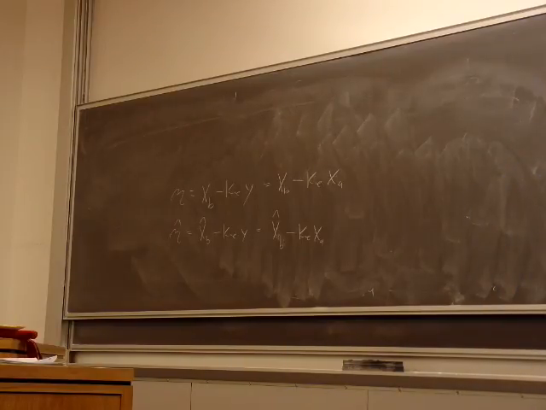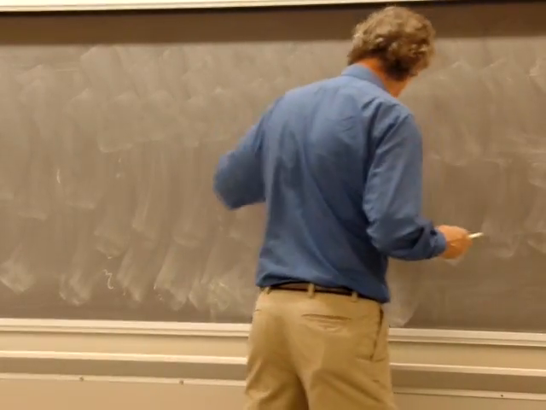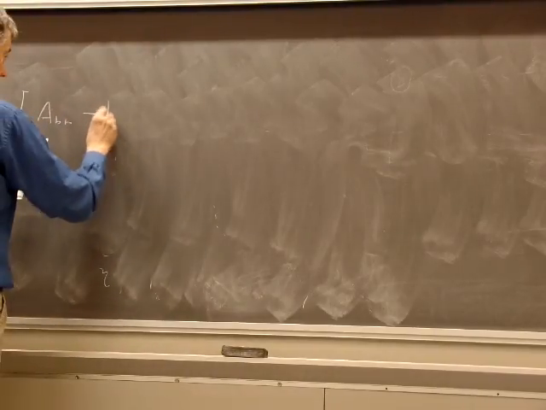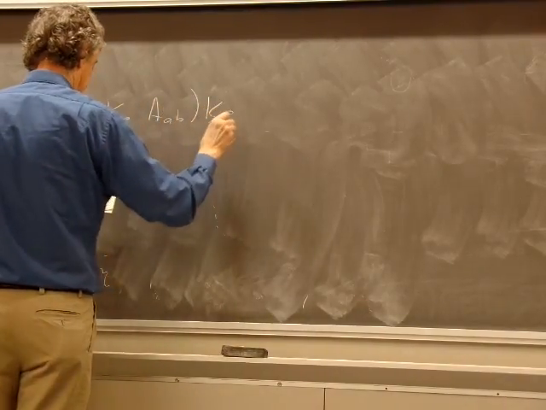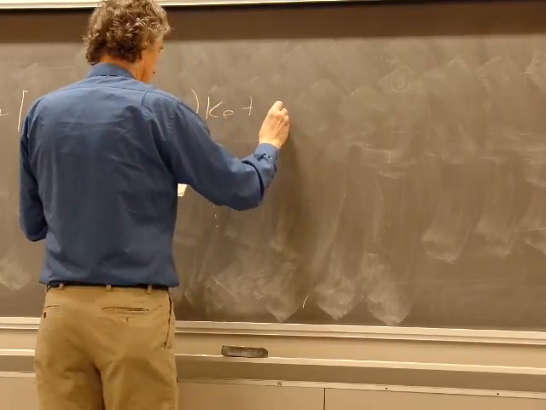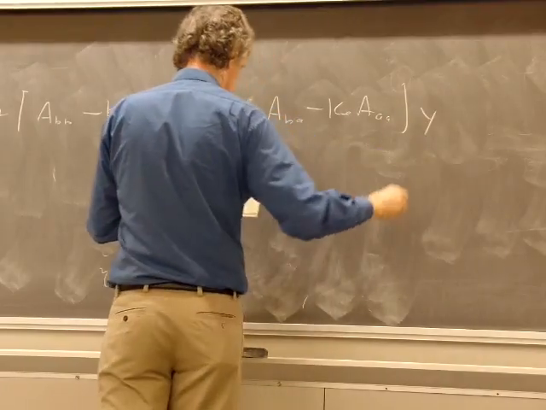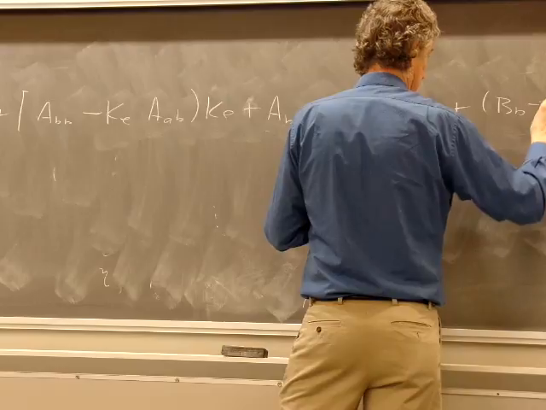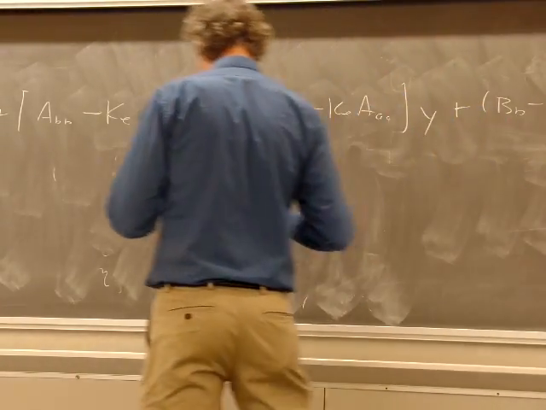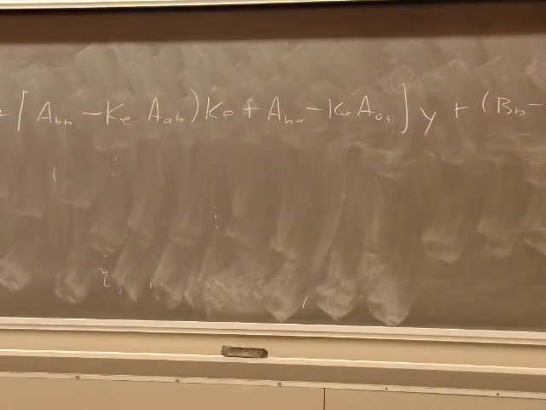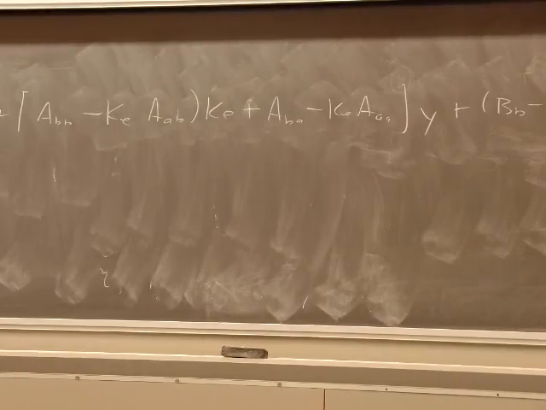In terms of the... So we can simplify some things here by defining a hat to be A_bb minus Ke A_ab.